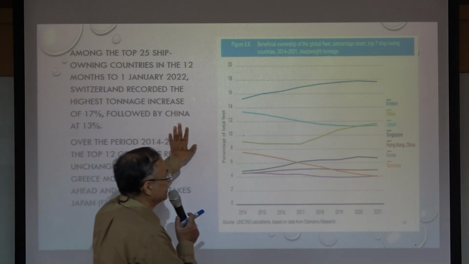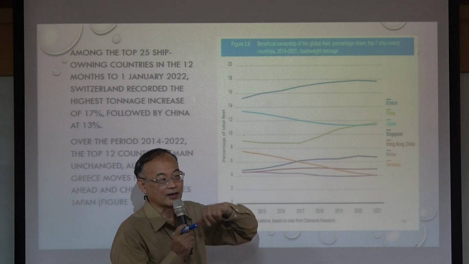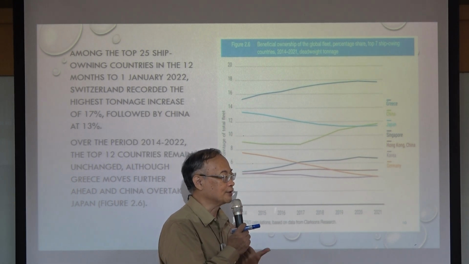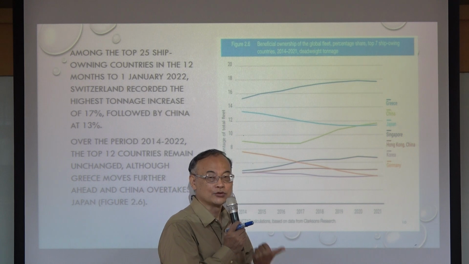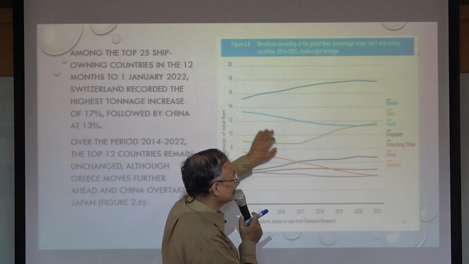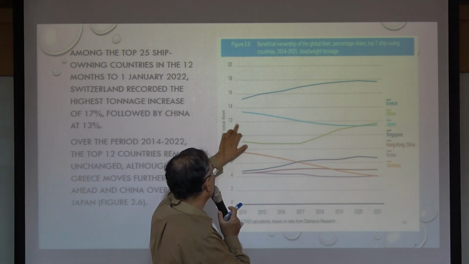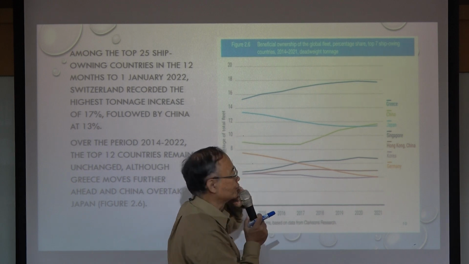You can see Japan's ships on this line, and the top three are three countries: Greece, Japan, and China. You can see here it's Japan. Japan's average ship age is younger, from 12 to 14.